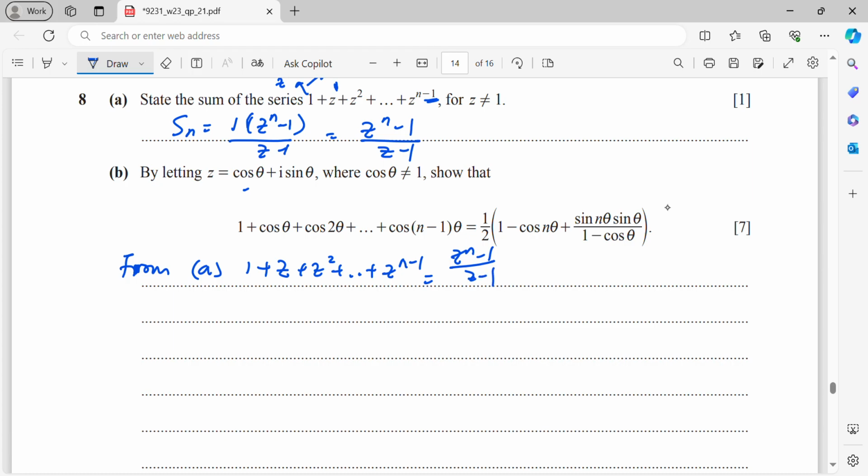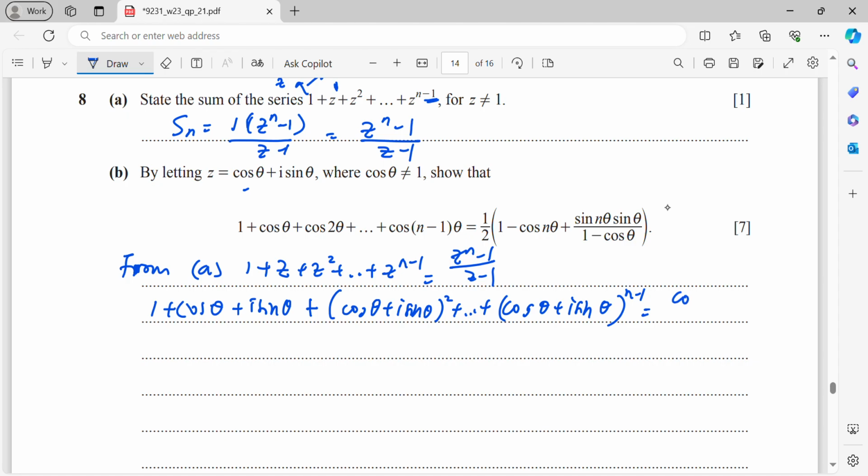Okay, so now my Z is cos theta plus I sin theta, so means 1 plus cos theta plus I sin theta plus cos theta plus I sin theta squared plus until cos theta plus I sin theta degree n minus 1.